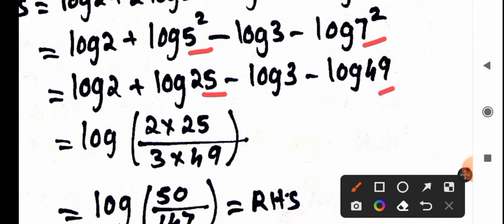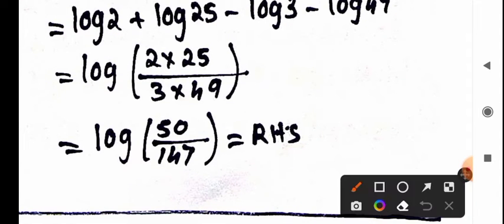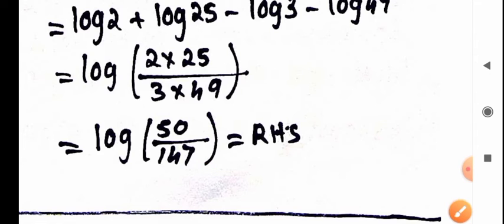Now using product and quotient rule, we will get log of 2 into 25 divided by 3 into 49. Now solving, 2 into 25 is 50 and 3 into 49 is 147, that is equal to RHS. Hence LHS is equal to RHS.